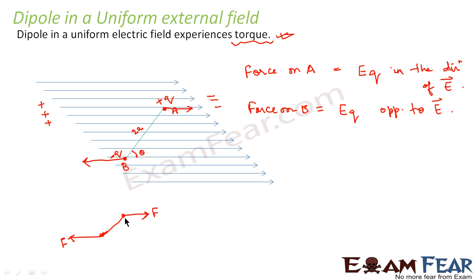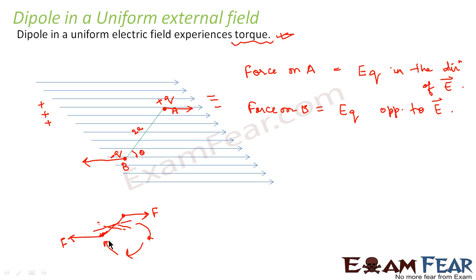This will make this rod rotate like this. So the rod will start rotating like this. So it will rotate clockwise. Imagine, just hold the pen in your hand. Apply a force at one end in this direction and the same force in this direction. You will see that the pen is rotating.